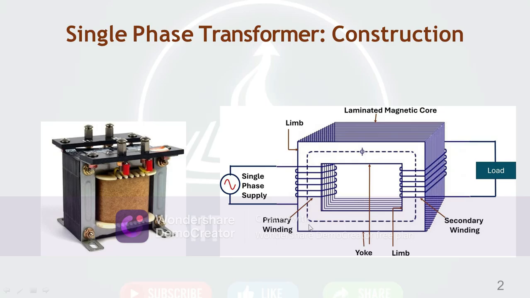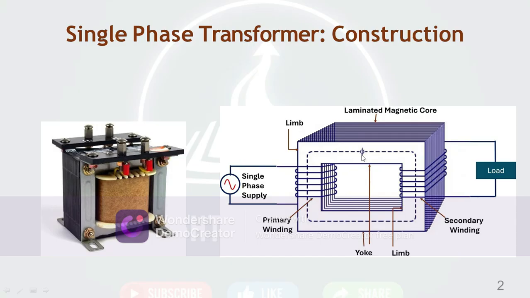The first one is the primary winding, which is excited by the single phase supply, and the other winding is connected to the load. The horizontal part of the core is called the yoke. This is the secondary winding.